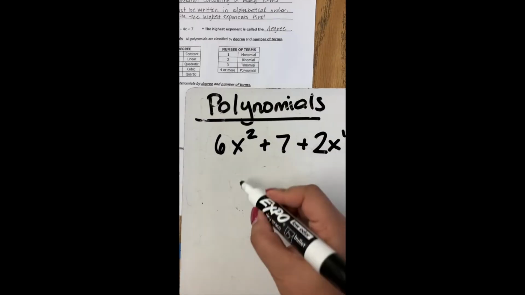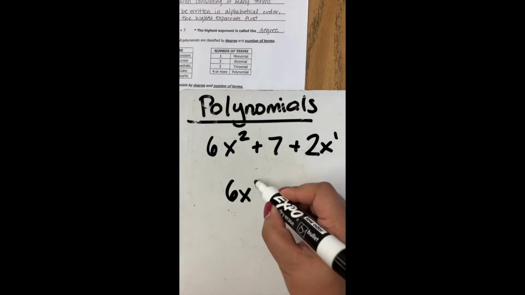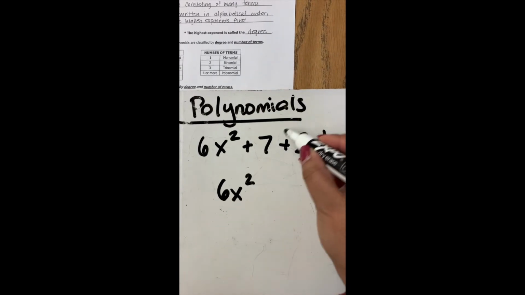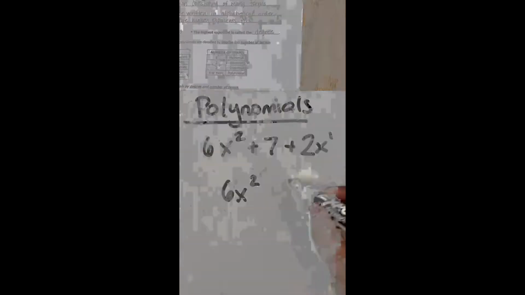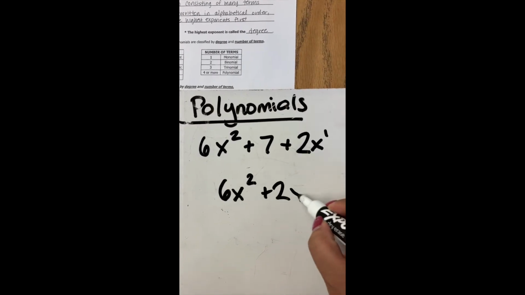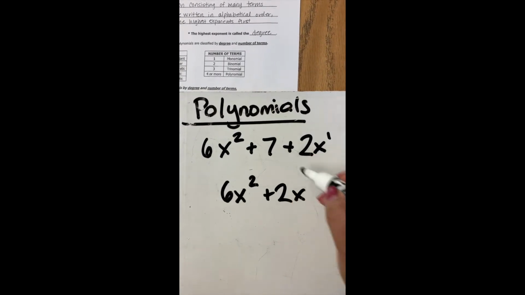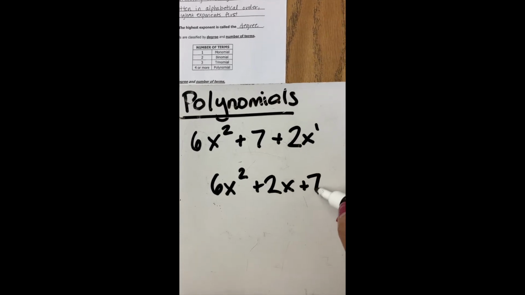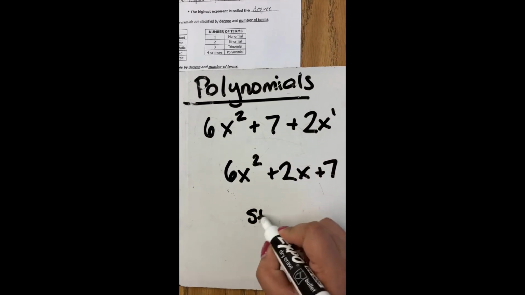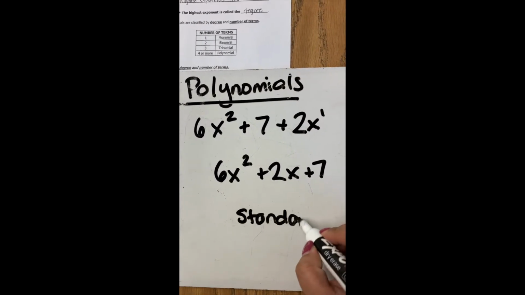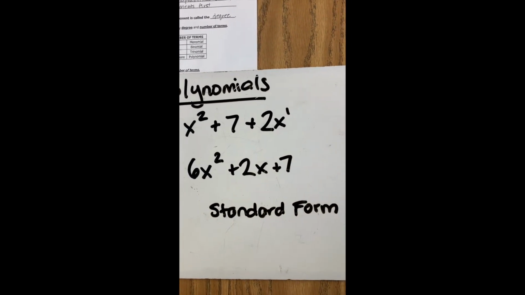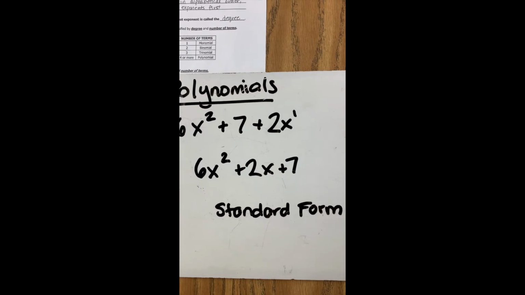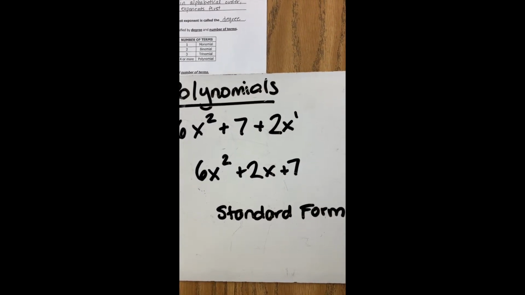This term should be written first, followed by this, because from 2, the highest exponent will be 1. From here, we're going to write our constant. And now this is called the standard form of a polynomial.